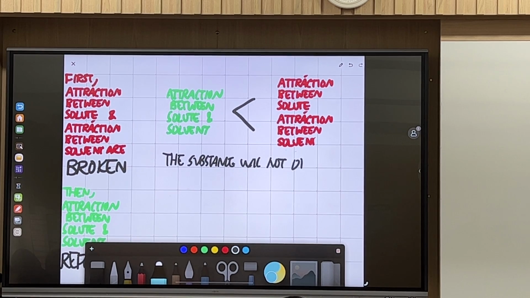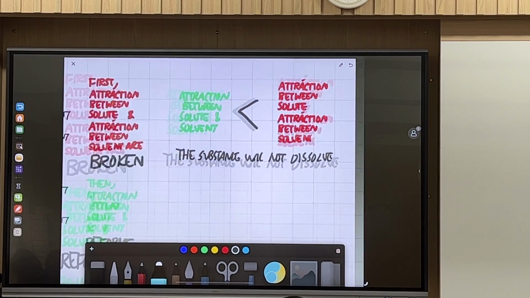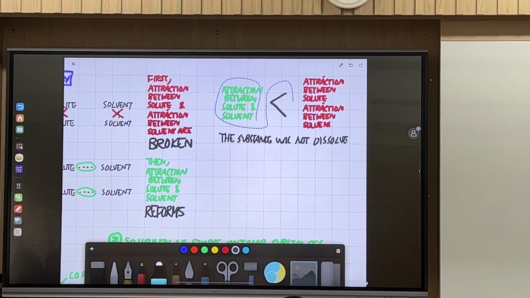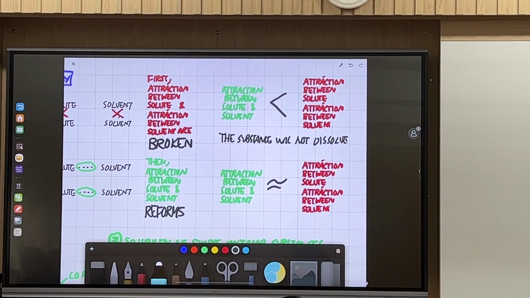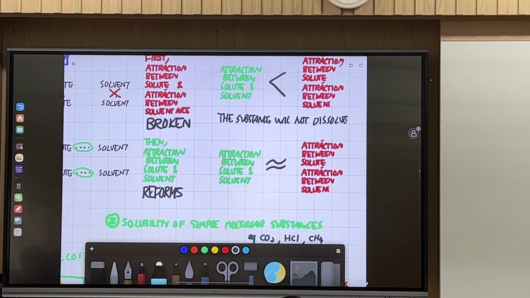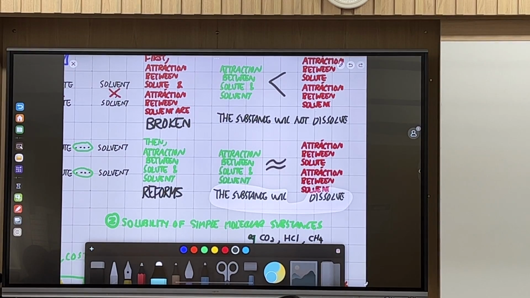But if the attraction between the solid and the solvent matches the strength of either the attraction between solids or between solvents, the substance will dissolve.